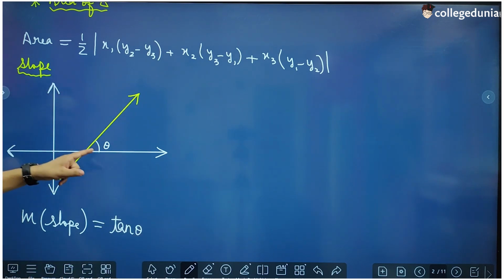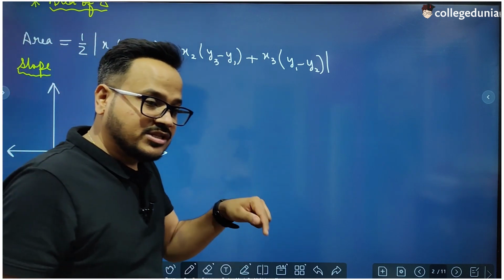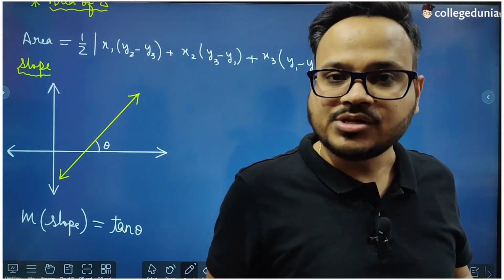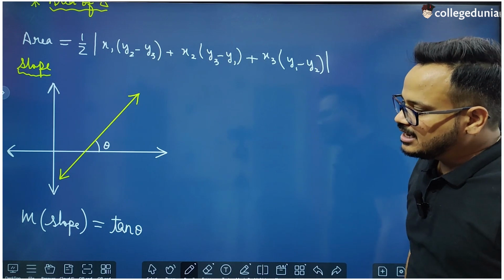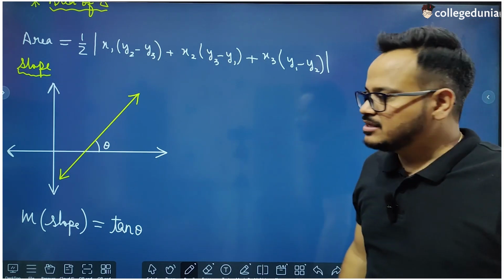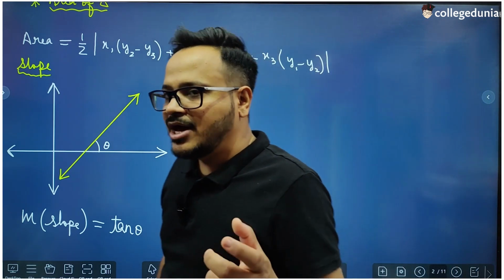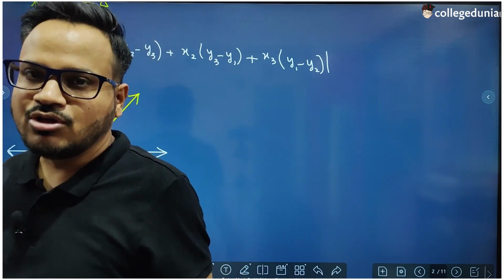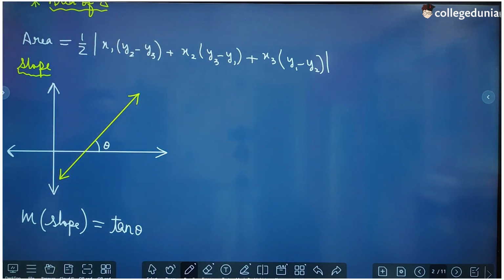For example, if this angle is 45 degree, then we will say that the slope of the line is 1, because tan 45 is 1. If this angle is 30 degree, then we will say that the slope of this line is 1 by root 3, because tan 30 degree is 1 by root 3, right? So this is how we will find the slope of the line. Okay, right?